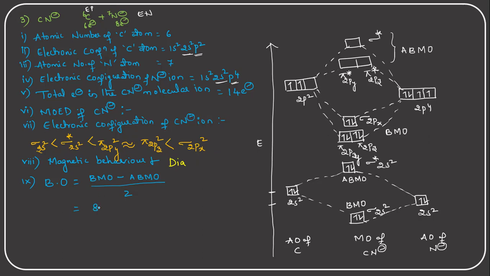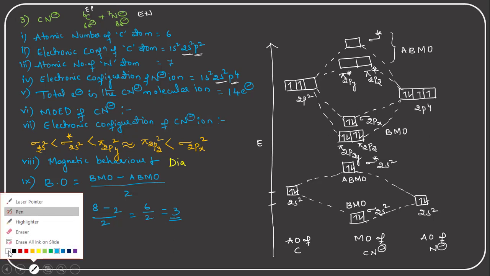So 8 electrons are in bonding molecular orbitals. In anti-bonding molecular orbitals only 2 electrons are there. So 8 minus 2 is 6, divided by 2 gives 3. So the bond order is 3.